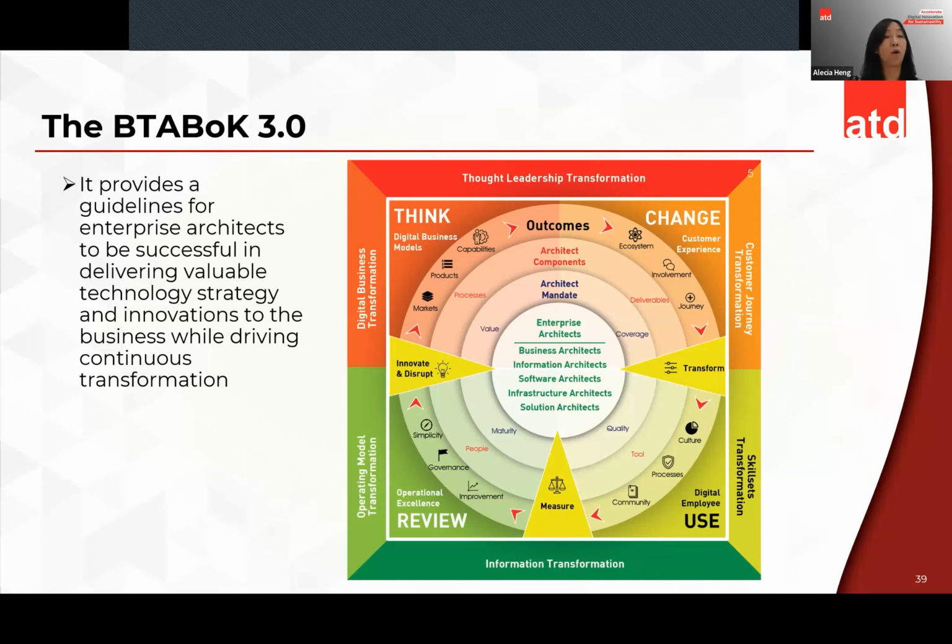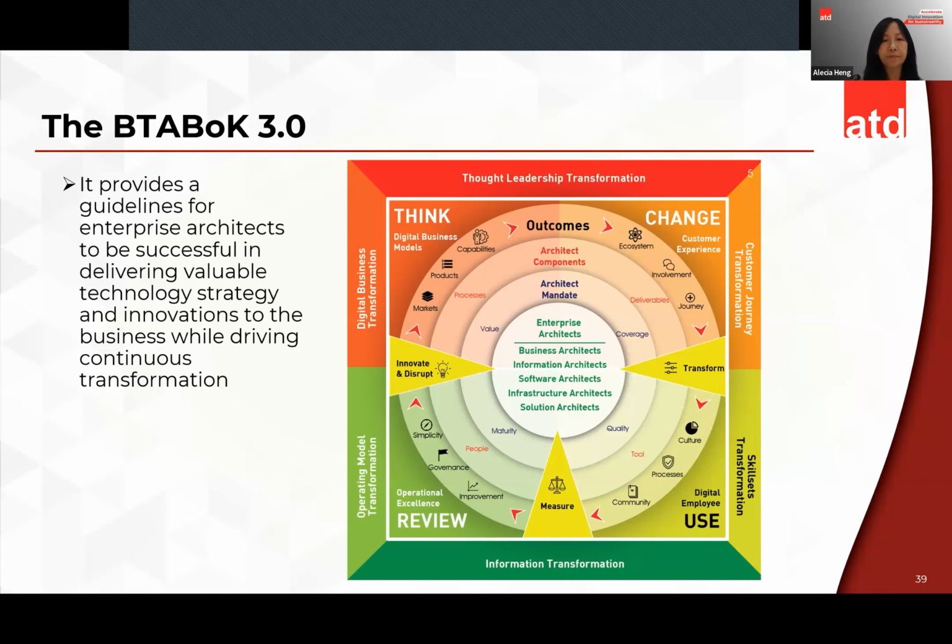So Iasa has moved forward by introducing something called the Business Technology Architecture Body of Knowledge. In the past, it was called the IT Architecture Body of Knowledge. We call it BTABoK, and now they have renamed it. In version 3, it looks holistically at all areas of transformation, right? It looks into how a business can be transformed, how we can improve the customer's journey experience, and how employees can be transformed in terms of their skills, and also information and operations can be transformed as well.